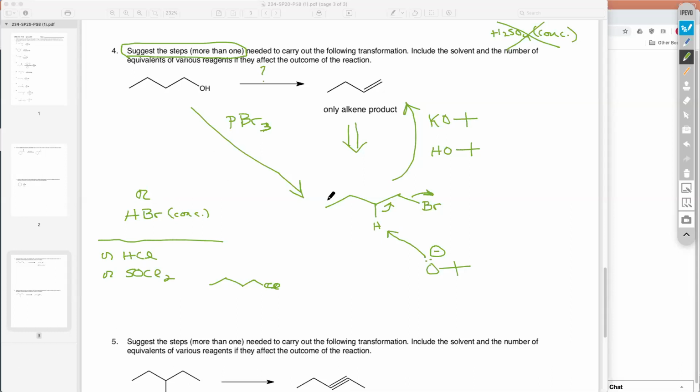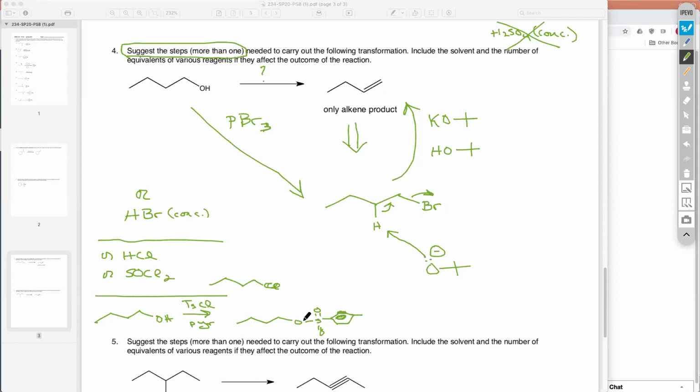But even those aren't the only way to do this, because of course we also saw another way to turn this into a good leaving group. Rather than converting it to the halide, which might be our first inclination, we could treat this with tosyl chloride in pyridine, and that's when we get, oops, that's supposed to be a toluene ring, so that is a 6-membered ring.